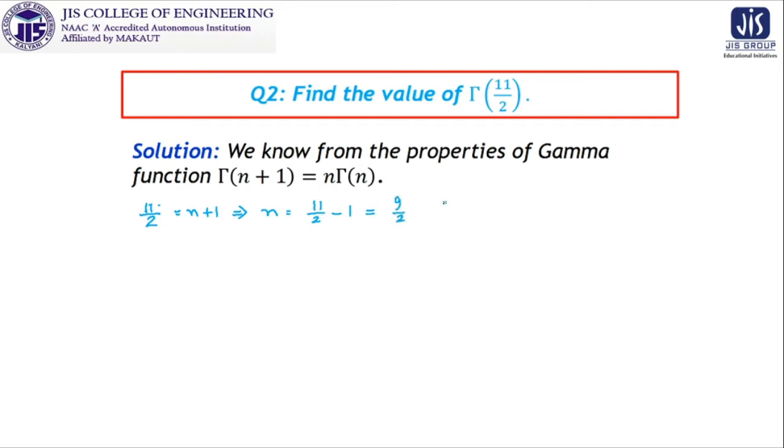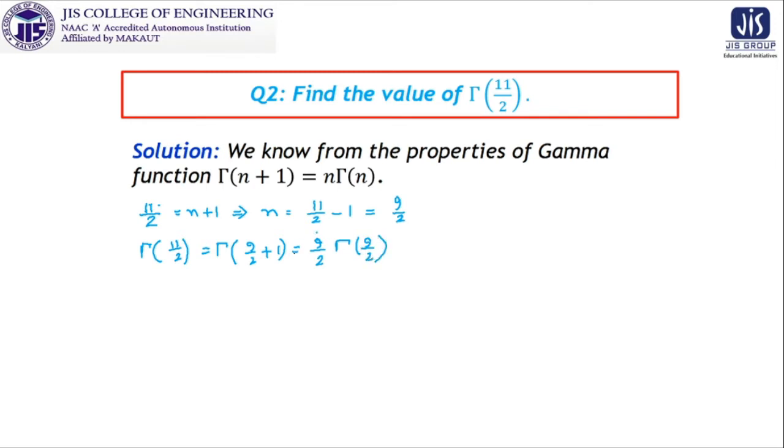So gamma 11 by 2 can be written as gamma of 9 by 2 plus 1, and comparing this structure, here the value of n is 9 by 2, so we can write it as 9 by 2 gamma 9 by 2.